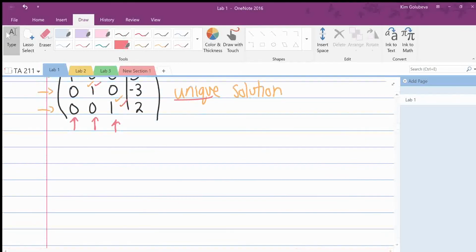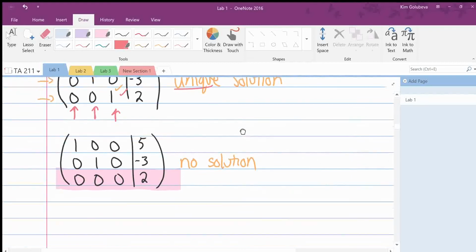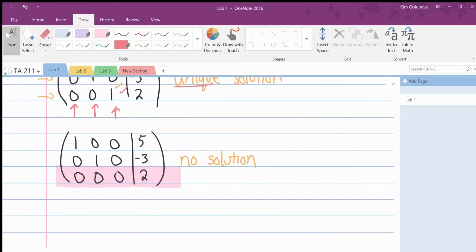So next we'll do no solution. So let's do 5, negative 3, 2 again. So right here, there's no solution. And the reason being is that if you look at the bottom row here, you can see that you have a whole bunch of zeros equaling a non-zero number.